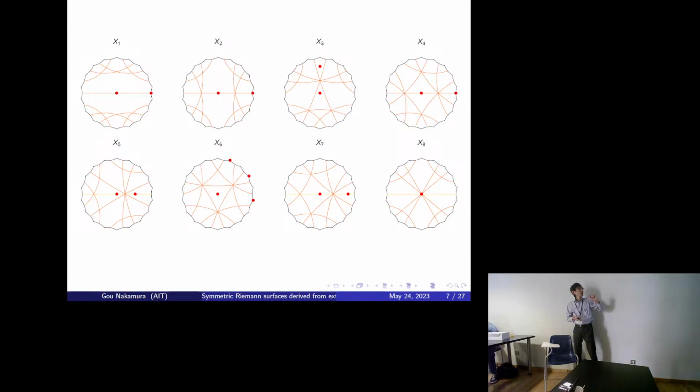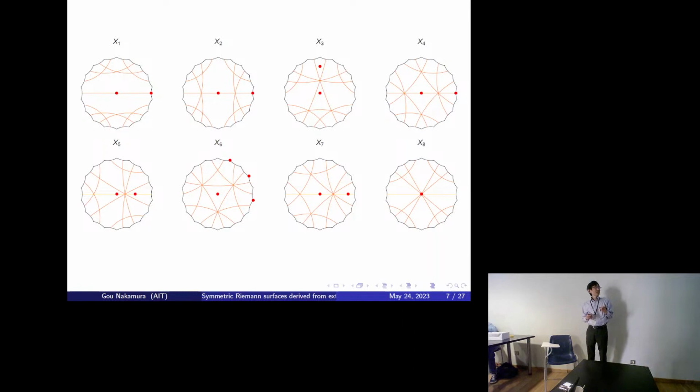Because the 9th one is obtained from one of them, the mirror image determines another Riemann surface.